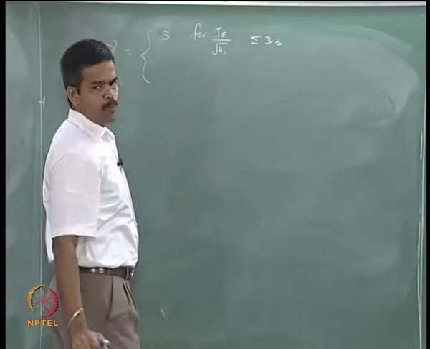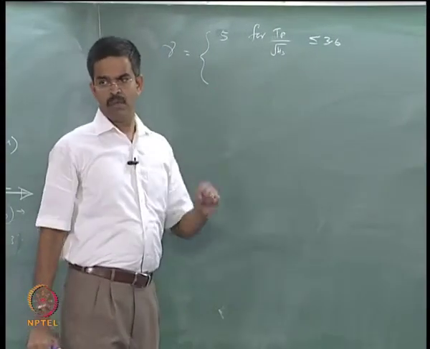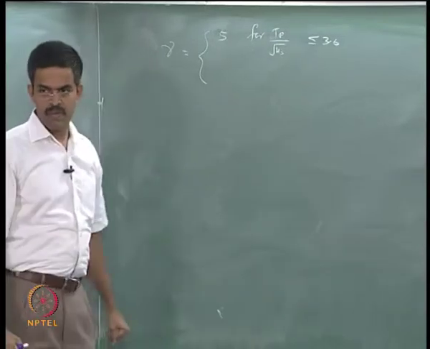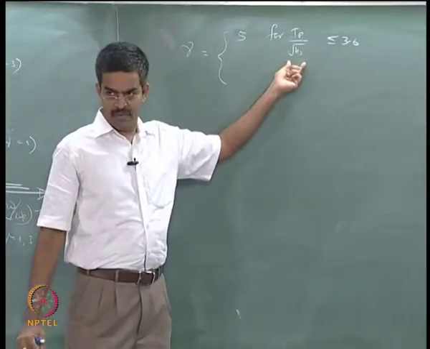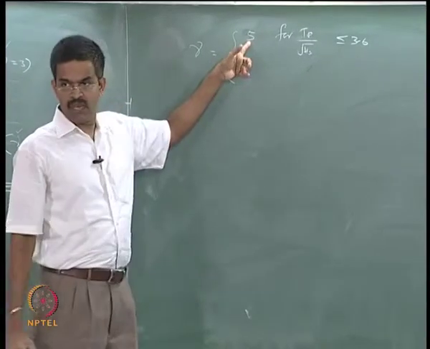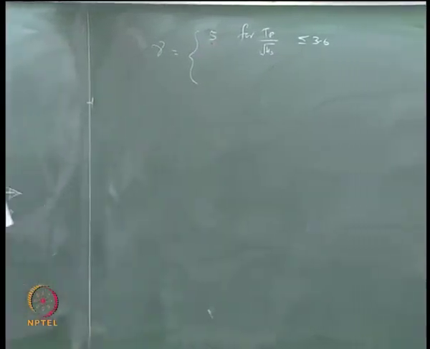Tp is nothing but 2 pi by omega p, where omega p is the peak wave frequency, so Tp is the period of the peak wave frequency, and Hs is the significant wave height. If this ratio is less than 3.6, you must use nu as phi in the JONSWAP spectrum.